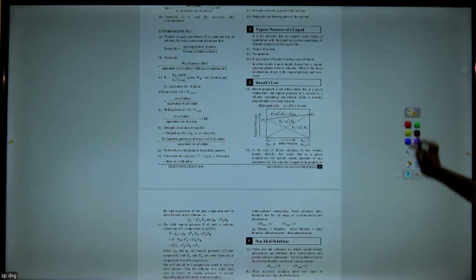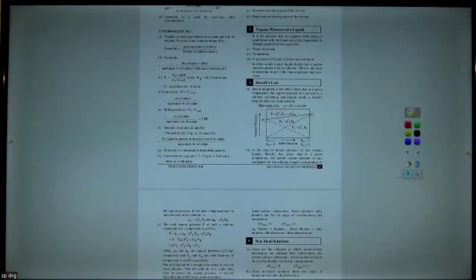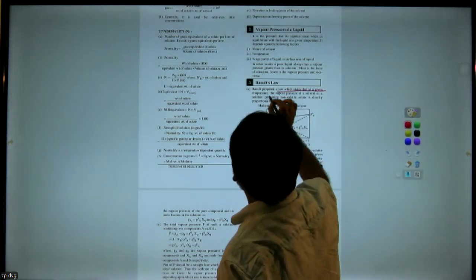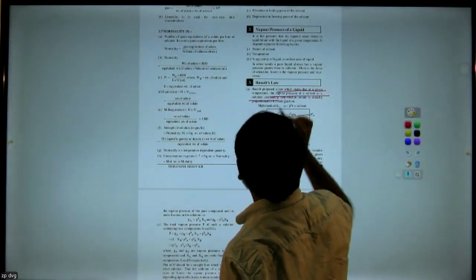So what is Raoult's law? Raoult's law is proposed, what is it going to represent.